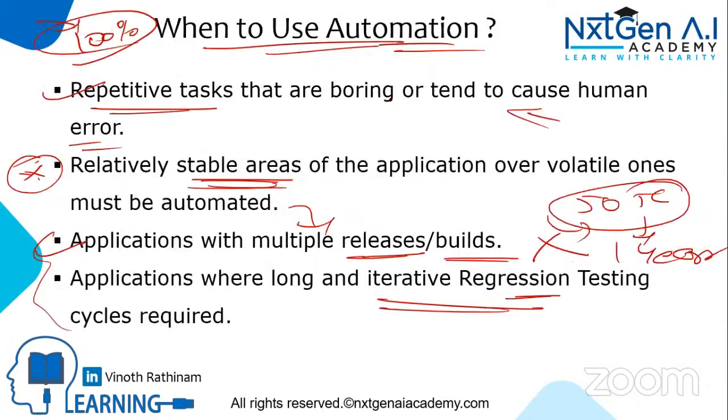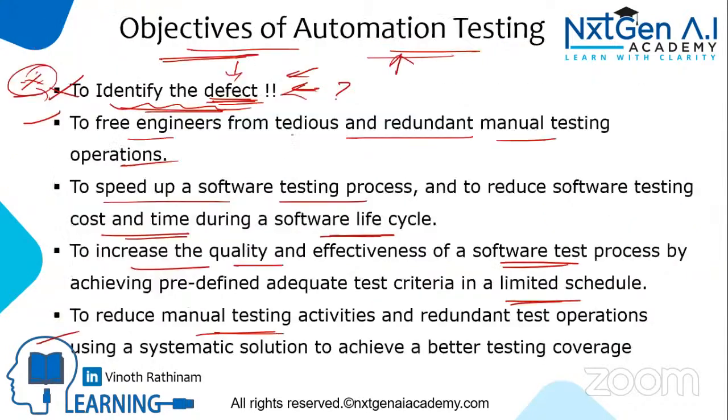So in simple terms, this is one of the simplest interview questions just to check your knowledge: why do we want to do automation? If they ask this, make sure you talk about defects. We make sure to increase the quality of the product by using the automation tool.